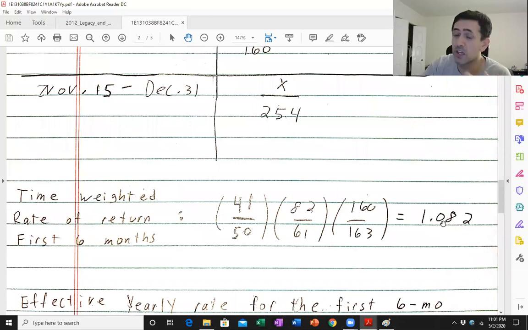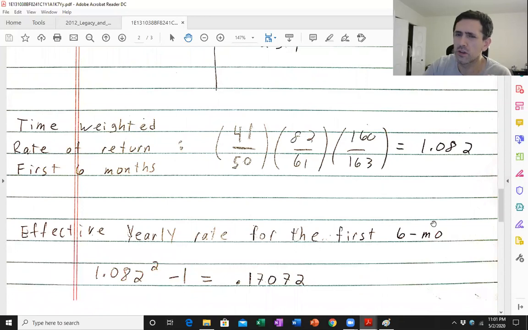So like I said, you have to square this to get the equivalent effective yearly growth rate for the first 6 months. Subtract 1 to get the equivalent effective yearly rate for the first 6 months. And that's 0.17072, or 17.072%.